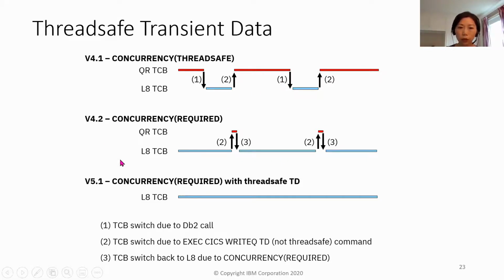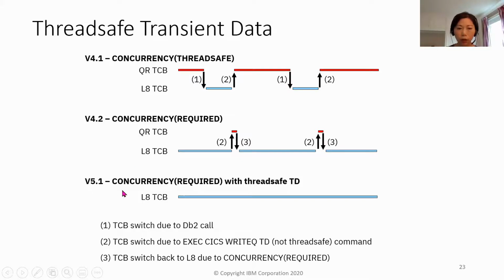With 4.2, we define it as concurrency required. So with that, the application starts on the L8 TCP. It only switches to a QRTCP for the period of write queue TD. Then it comes back because we got this concurrency required definition there.